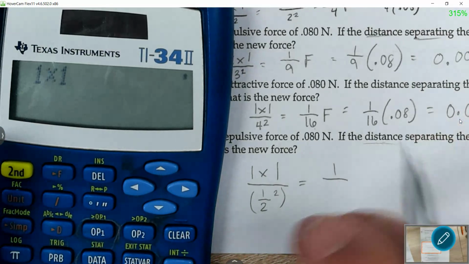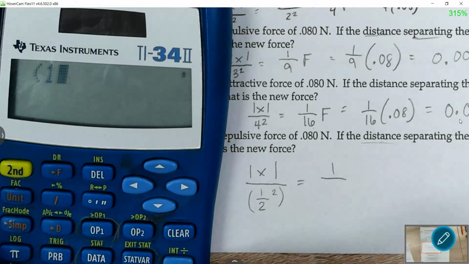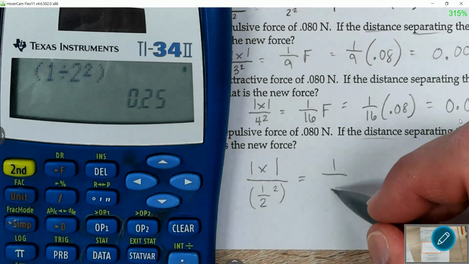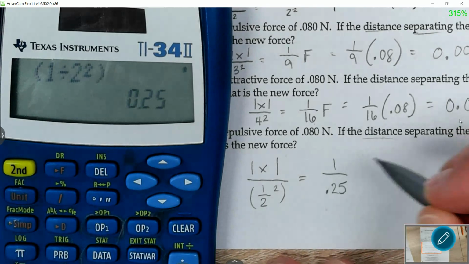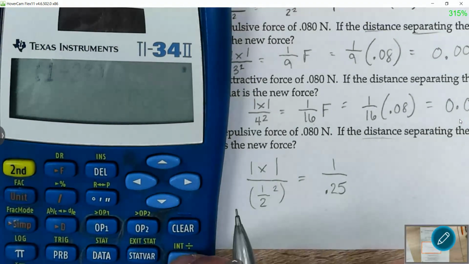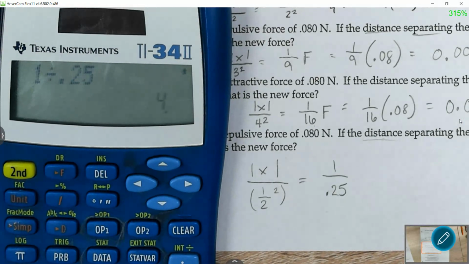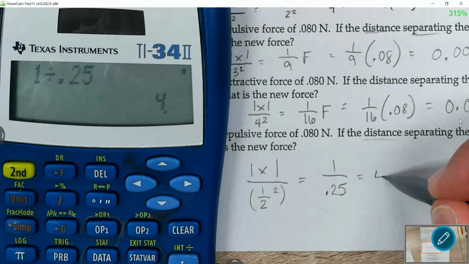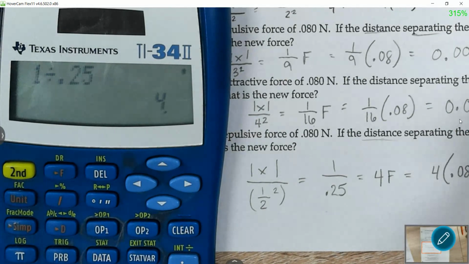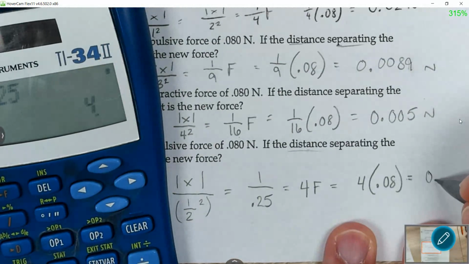So let's do 1 divided by 2 squared, close it, boom. This becomes a 0.25. Now I have to throw this into the calculator. 1 divided by 0.25 comes out to give me 4. 4 times the force. And so we have to do 4 times 0.08. And that will come out to give us 0.32 newtons.